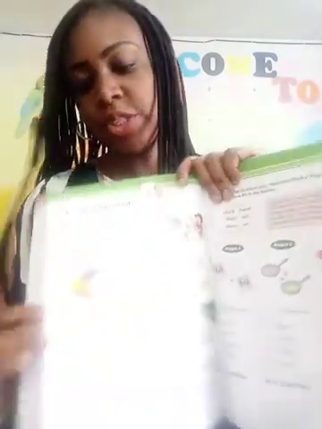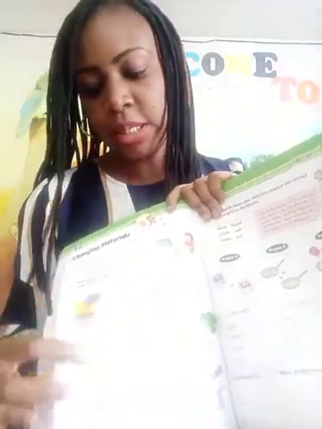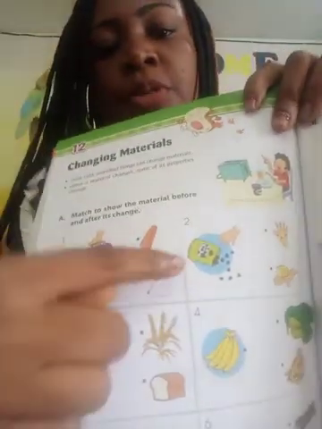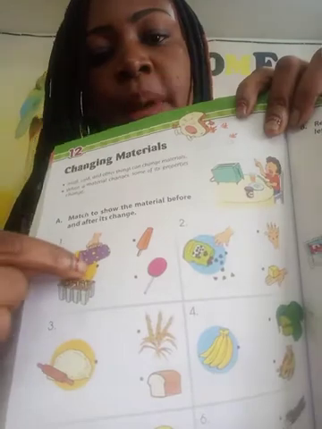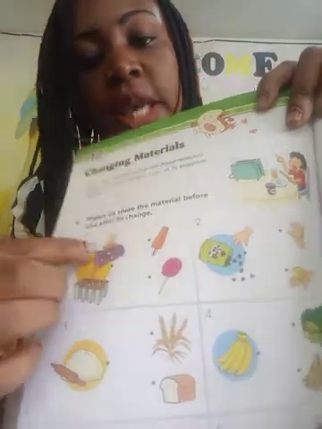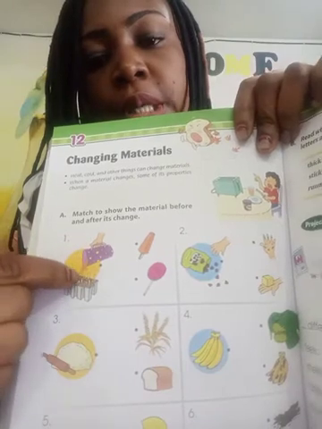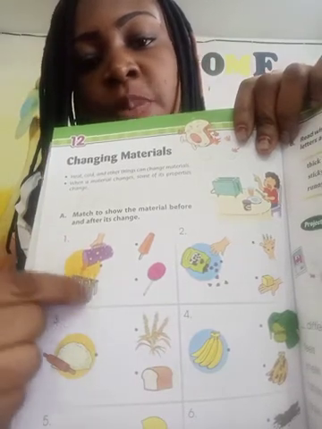On exercise A, it says match to show the material before and after its change. So we have to look at the different materials on this side, and we have to match it to its state after the change. So here you can see a boy pouring juice into the ice bar.